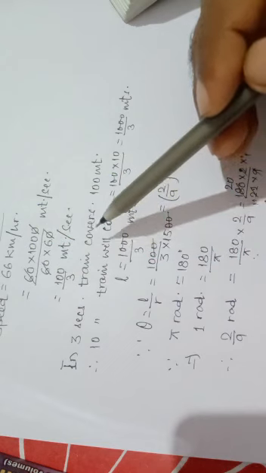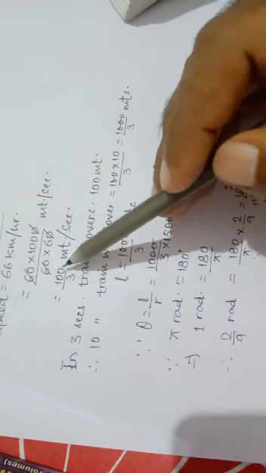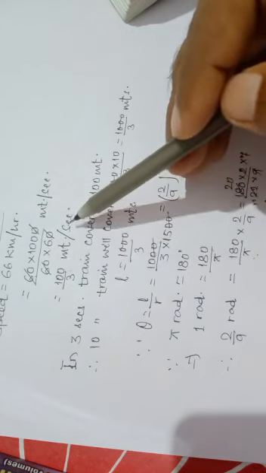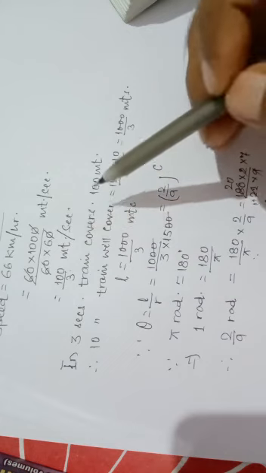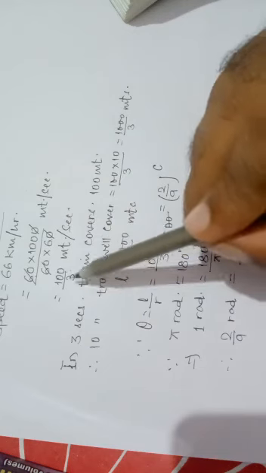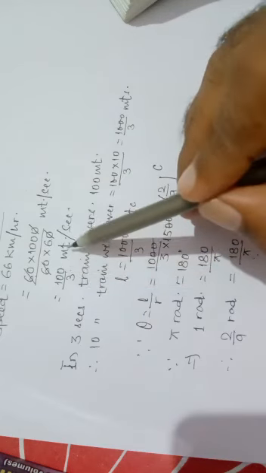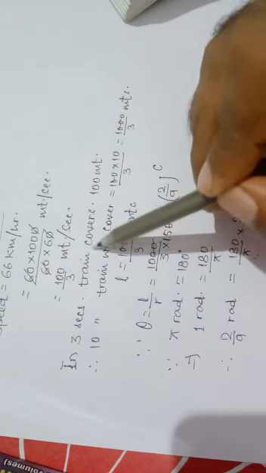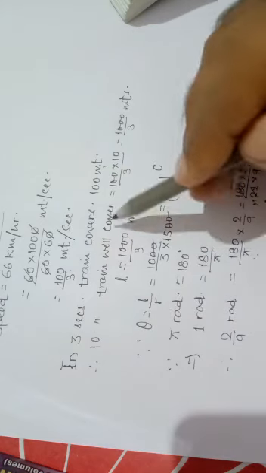So simplify this one, it should be 100 by 3 meter per second. It means the train covers 100 by 3 meter in 1 second, and the train covers 100 meter in 3 seconds, and then we proceed.